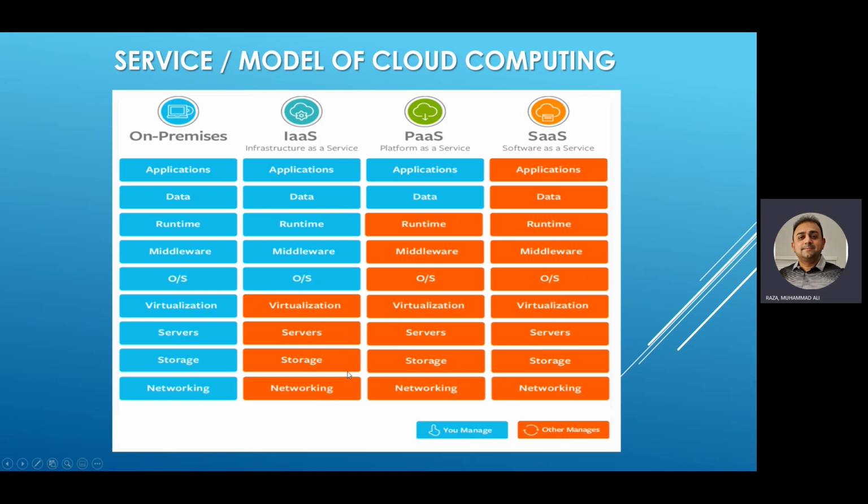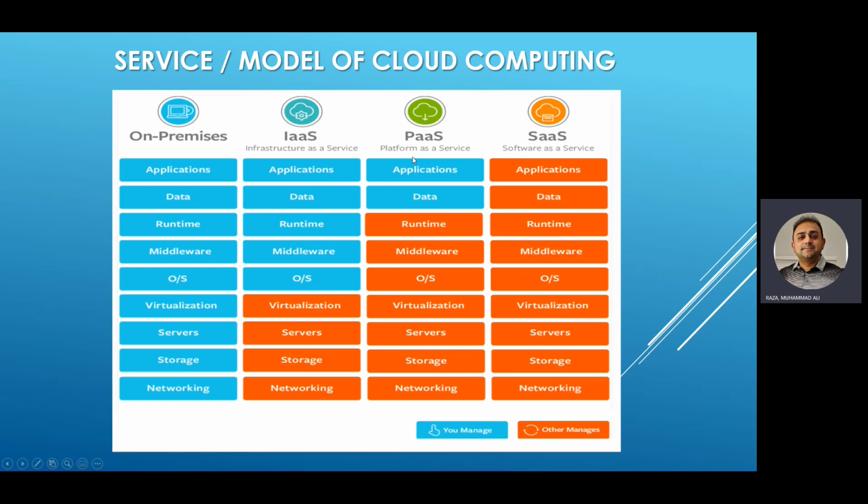So it's going to help us not procure any hardware, and whenever we need to run any particular application or service for the need of the business, we can do it in a second because we don't need to procure hardware, we don't need to plan anything, and immediately we can spin up in the cloud environment.